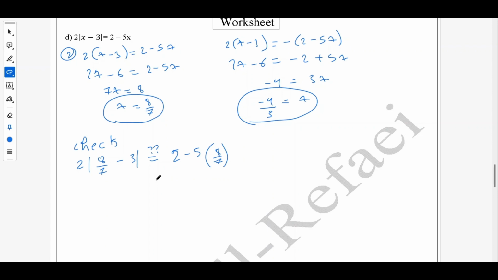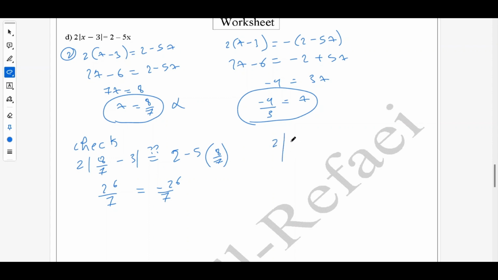Are they equal or not? 26 over 7, does it equal 2 minus 5 by 8 over 7? Negative 26 over 7. The left side is not equal to the right side, so I'm going to reject 8 over 7.